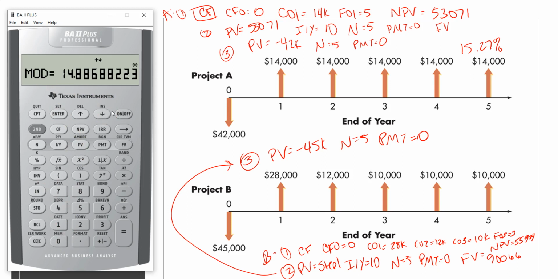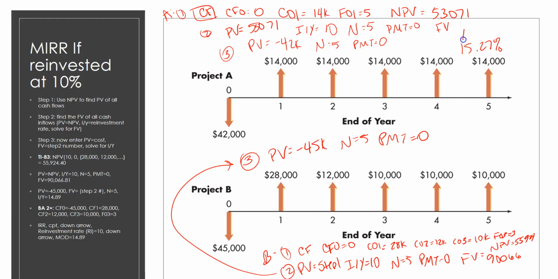But again, this function is only available in the professional edition. So your modified internal rate of return for project B was 14.89%. So using modified internal rate of return, project A is better than project B. So it gives you the same rankings as net present value.